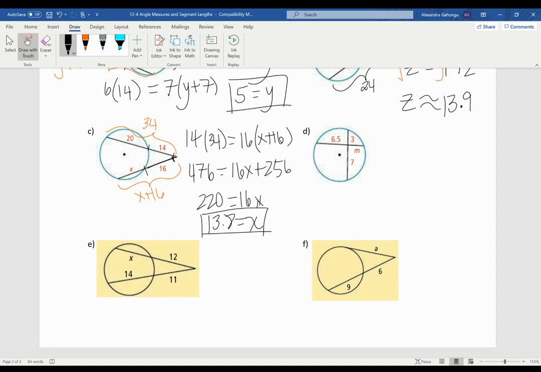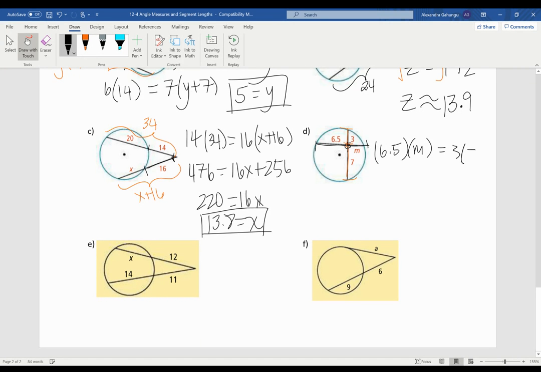All right. And it just kind of keeps going like that. For D, we are inside the circle, with our two chords inside the circle. So it's part times part. So part of my segment times part of my segment. That's kind of confusing to see, but it's going to be 6.5 times m equals part of the segment times part of the segment.